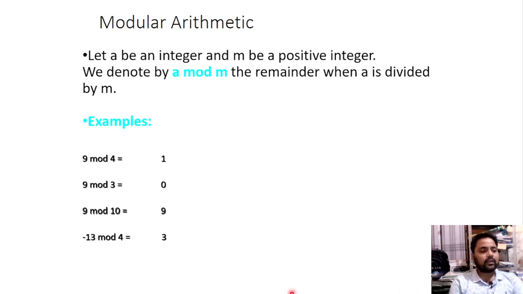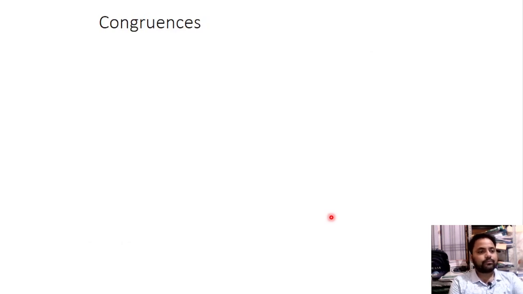Same, 9 mod 10 means 10 divides 9 and gives remainder 9. Same, minus 13 mod 4 means 4 divides minus 13 and gives remainder 3.